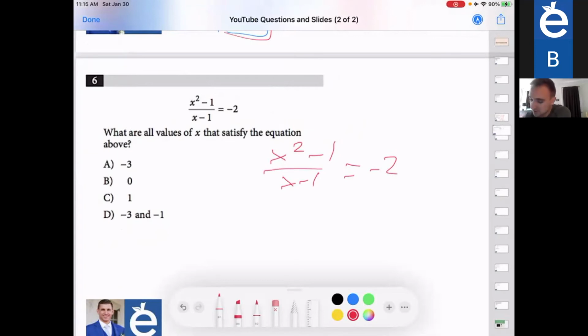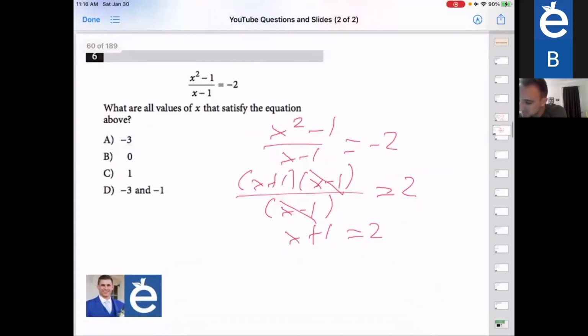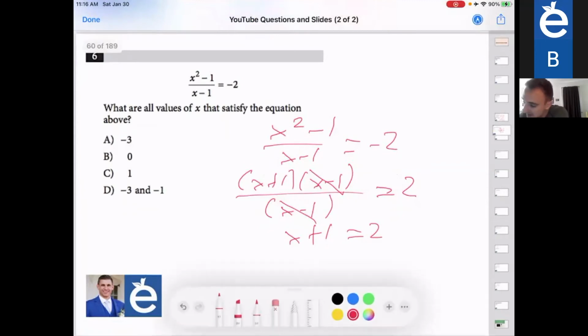I can rewrite x squared minus 1 as x plus 1 times x minus 1 over x minus 1. Those x minus 1 terms cancel out. So I have x plus 1 is equal to -2. Be careful there. So if I subtract that one, x is equal to -3.